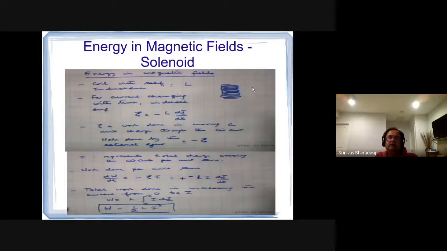It takes a certain period of time for this power to go up. V times I is the power, dW by dt is power. Therefore, you drop the dTs, dW equals Li di. Integrating both sides, you end up with W equals half Li square.